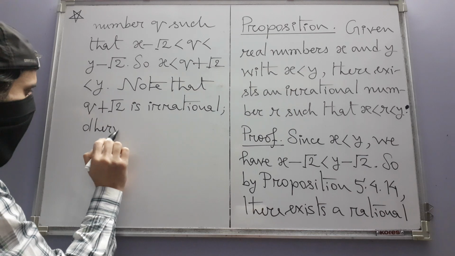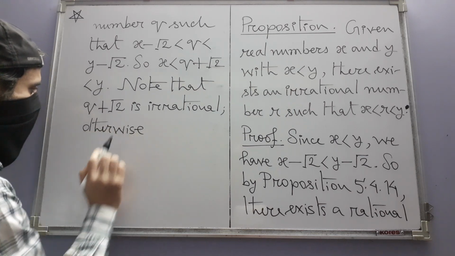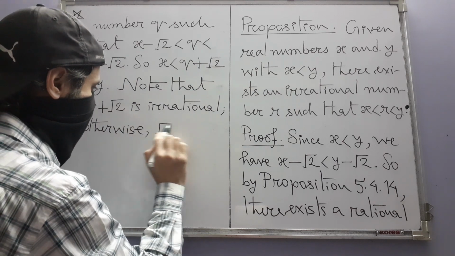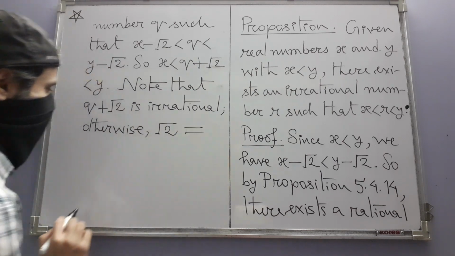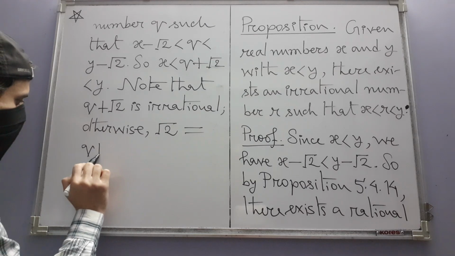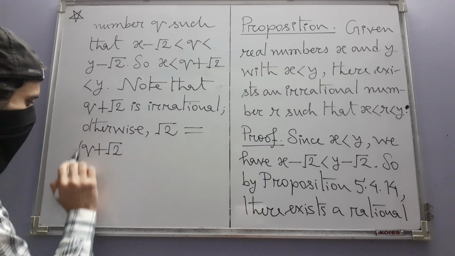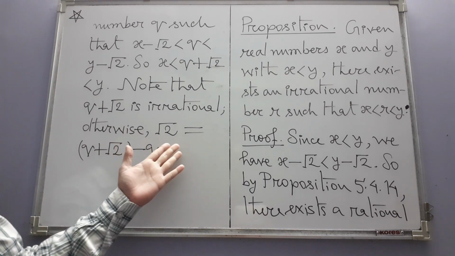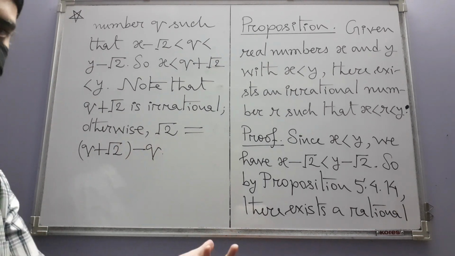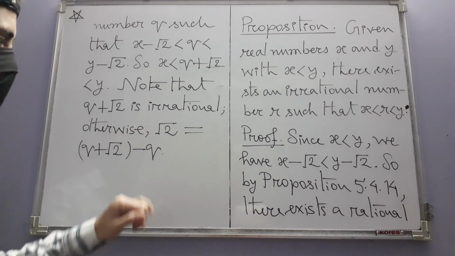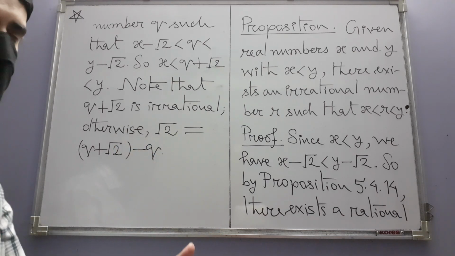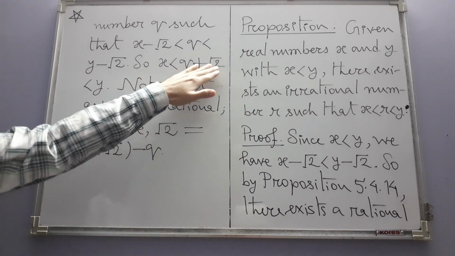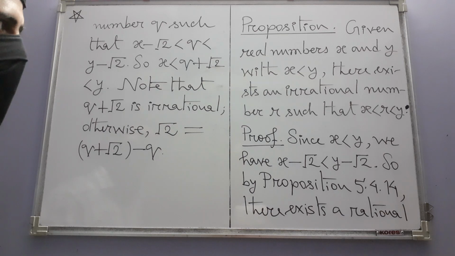Otherwise, had it been rational, square root of 2 would have been rational because that's just the difference of this and q. But we already know from number theory or elsewhere, you don't need actually number theory, we know even before getting number theory that this is irrational, and that is why this cannot be rational. This is an irrational number.